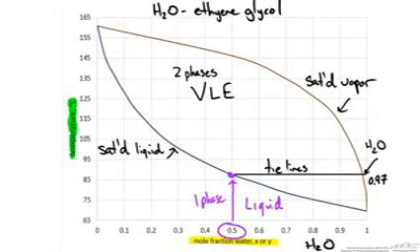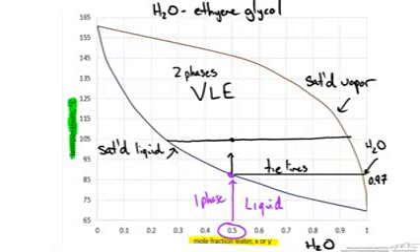The composition of both phases will change, with the vapor becoming less enriched in our more volatile component. This means that the mole fraction of water in the vapor phase is decreasing with increasing temperature. Let's say we move up to 105 and we draw our tie line at 105. Now our vapor will have a mole fraction of 0.93, which is less.